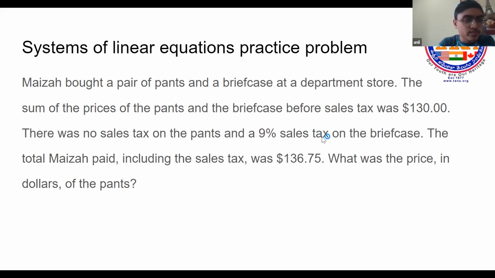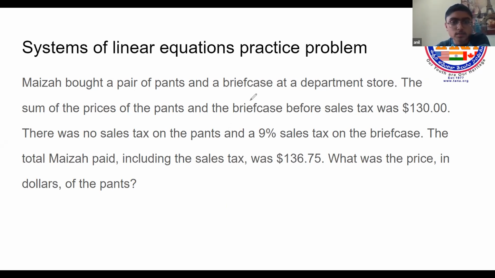you set the sum of the prices, which is $130. Okay, I didn't read the question correctly, I'm sorry. Miza bought a pair of pants and a briefcase at a department store.